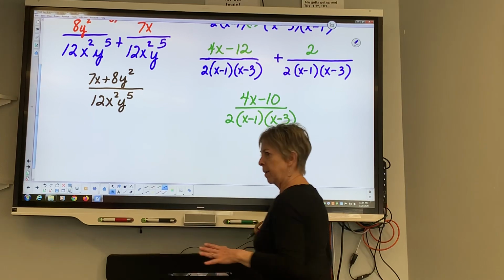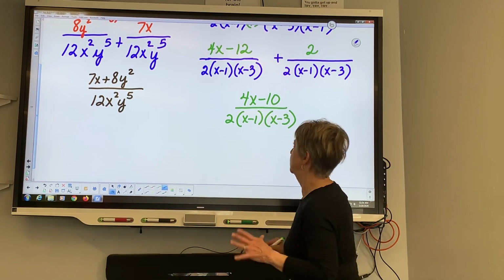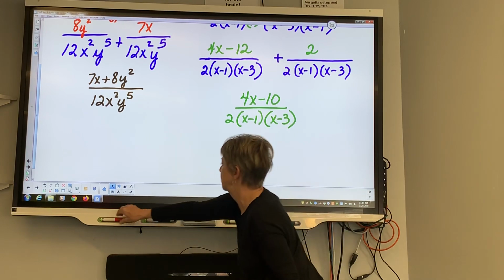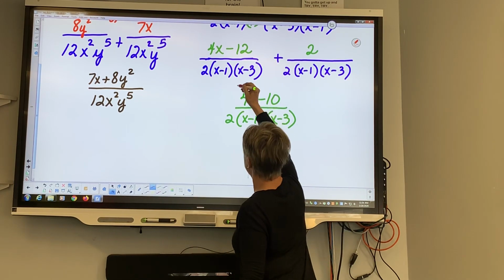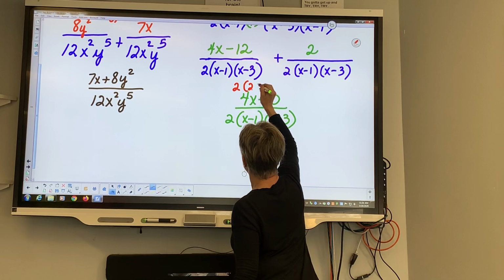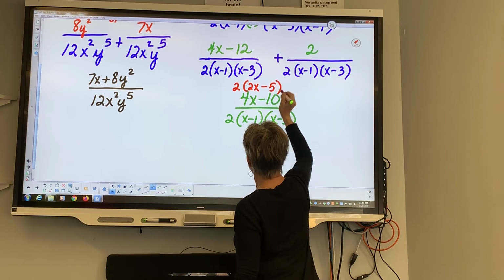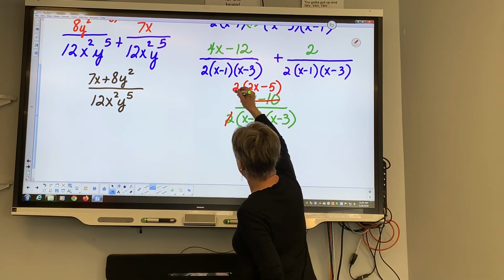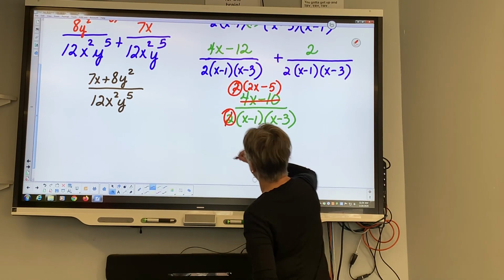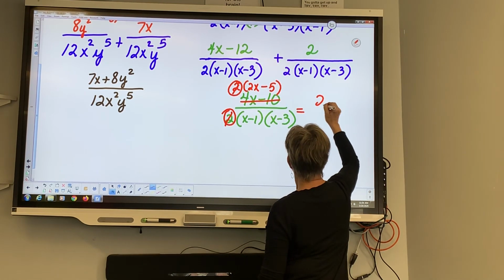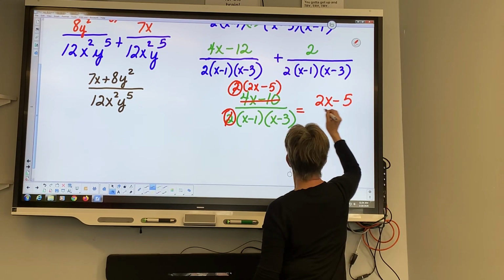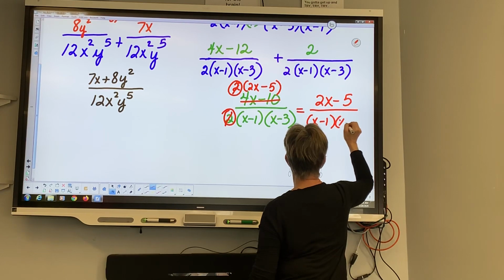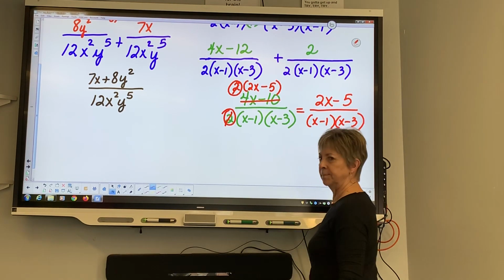So remember, to simplify, I have to factor first. So the numerator, if I factor it, the only way I can factor it is to take a 2 out. Now I have that. And I am allowed to make this 2 over 2 become 1. So my final answer is going to be 2x minus 5 over x minus 1, x minus 3.